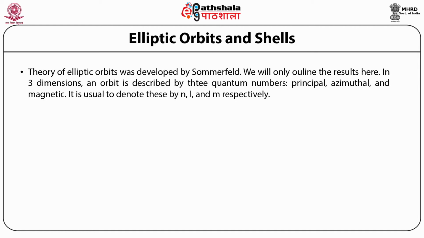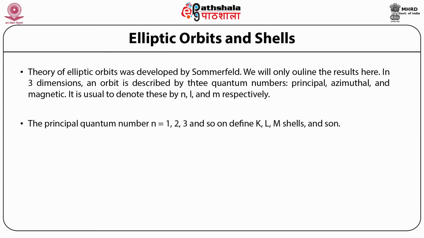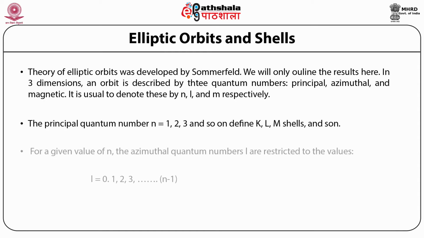Since the atom is really a three-dimensional object, it can be described not by one quantum number n, but by 3 quantum numbers, called n, l and m, which we'll see a little later. n is called the principal quantum number, and it defines the shells like K, L, M, and so on. For a given value of n, there is another quantum number l, which is called the azimuthal quantum number.